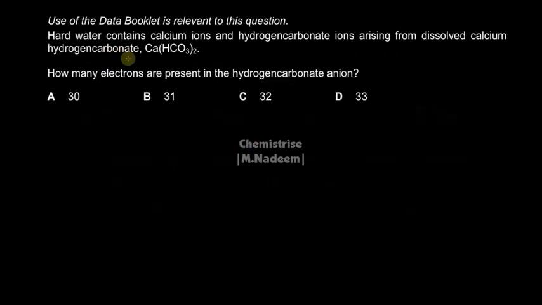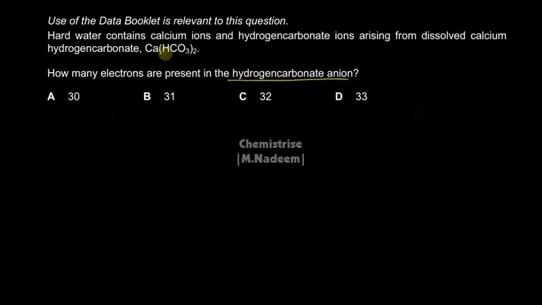In the next question, we have hard water which contains calcium ions and hydrogen carbonate ions, arising from the dissolved calcium hydrogen carbonate. How many electrons are present in the hydrogen carbonate anion?